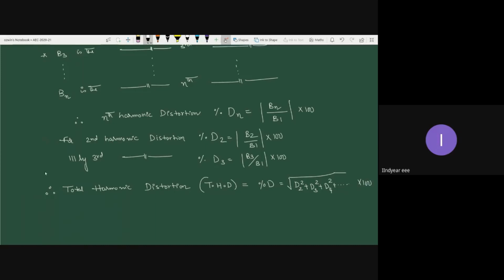So this is the formula for total harmonic distortion.